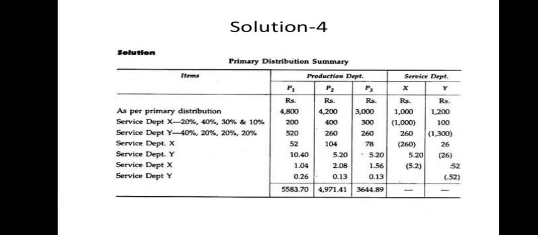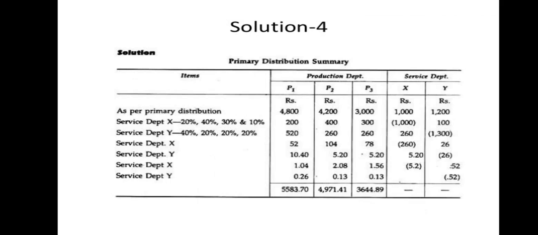That 0.52 should be apportioned in the ratio of 20:40:30 and 10, if any balance is left, like that. So 52 into 40 by 100, that is 0.026 for production department 1, and for production department 2, 52 into 20 by 100, 0.13.